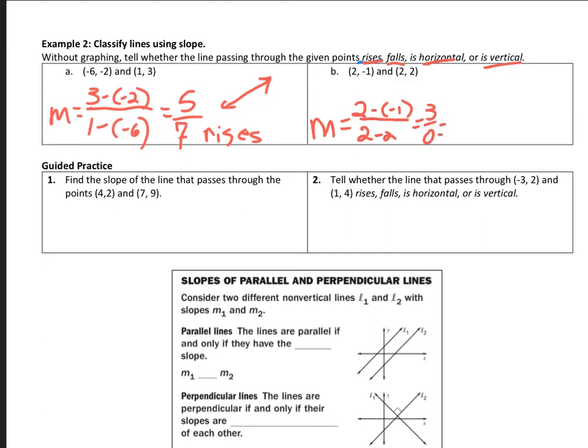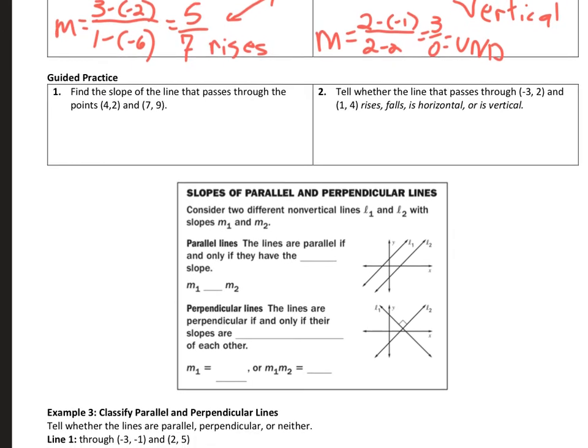If you try punching that into your calculator, it's going to tell you this is undefined. So an undefined slope means that that line is vertical. That line runs straight up and down, north to south. Vertical.